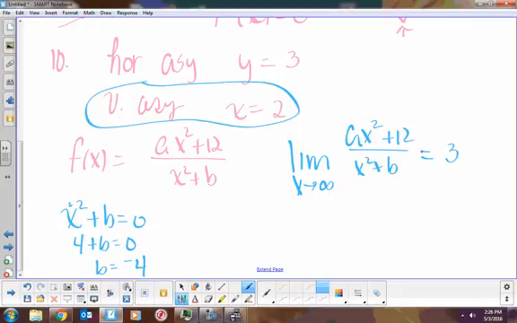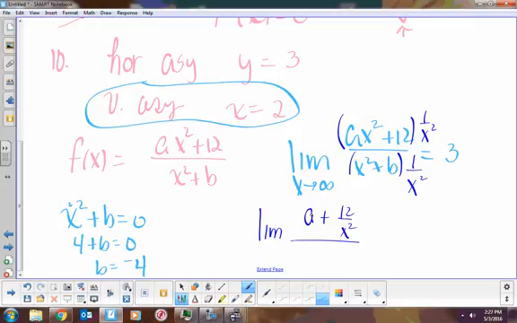How do we do this when we have polynomials? Divide by the exponent of x in the denominator. So it's 1 over x squared. So we're going to have the limit. Do you agree that will be a plus 12 over x squared, over 1 plus 1 over x squared, as x approaches infinity?